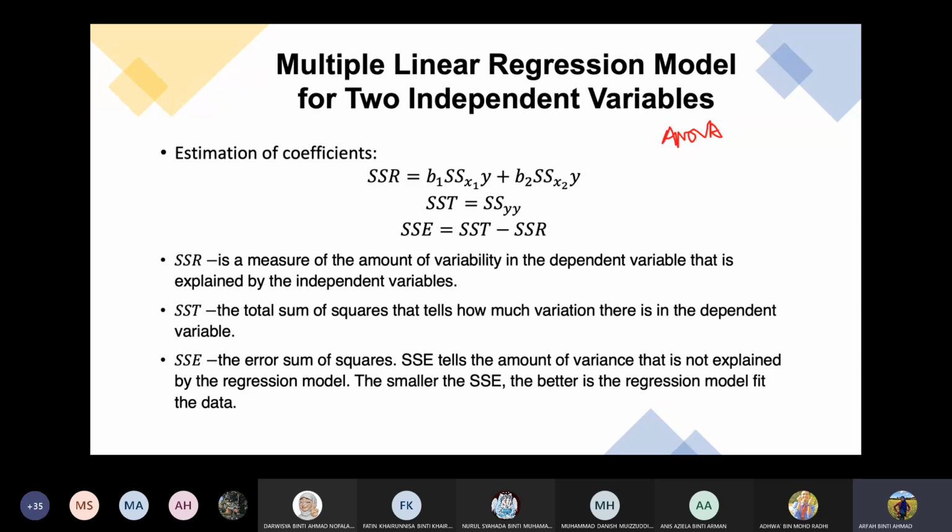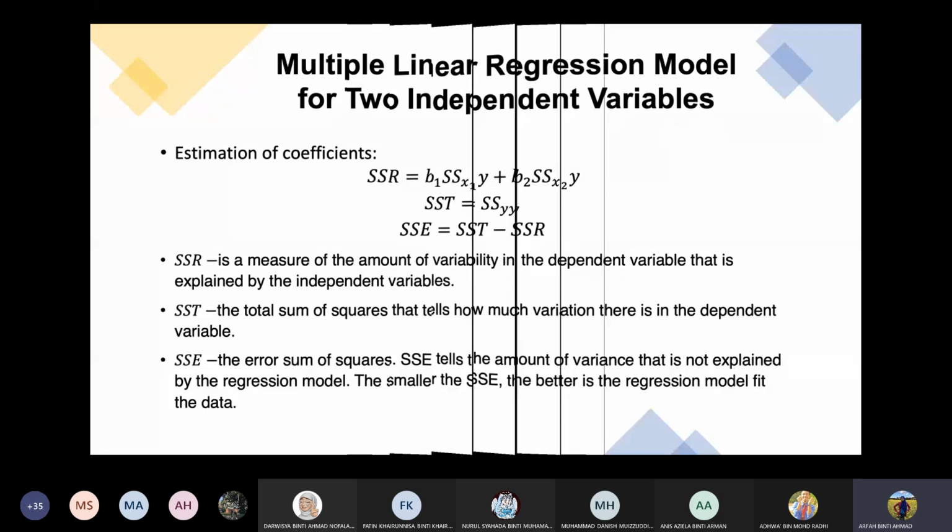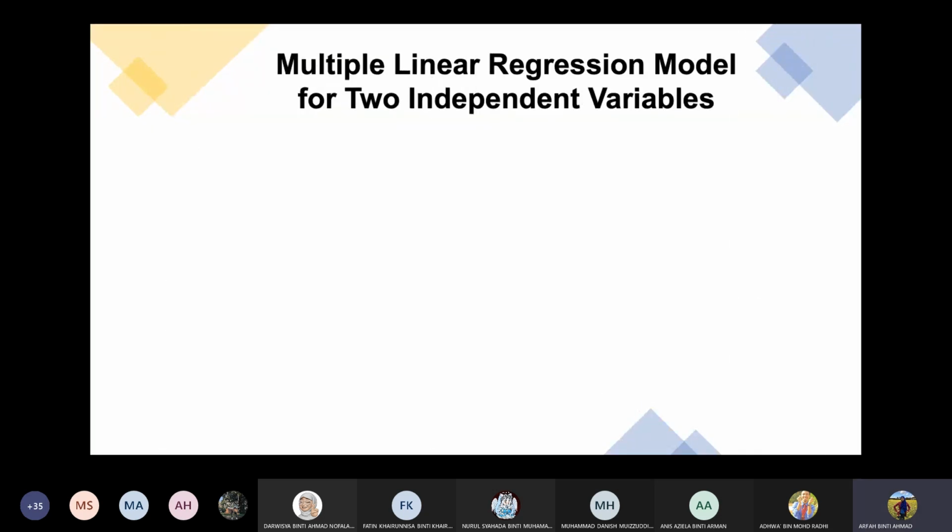Kalau tinggi error, maksudnya model awak tu tak berapa bagus lah untuk digunakan dalam analisis. Tapi kalau kecil, that mean model tu memang sangat-sangat bagus and fit the equation, either the dependent and independent variable perfectly.